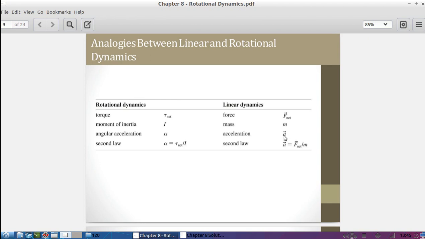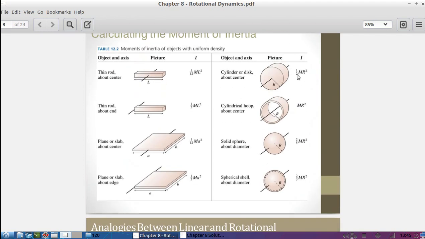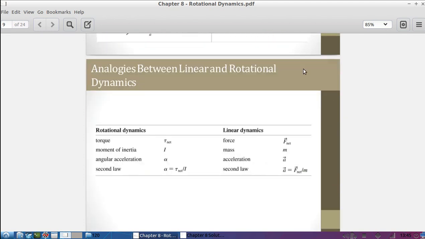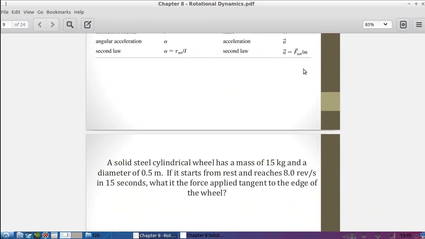Our linear, or translational, acceleration is now our angular acceleration. And the acceleration of the object doesn't just depend on the mass, it depends on the rotational inertia. It depends on all these properties of the object: the mass and how that mass is distributed amongst the shape of the object.